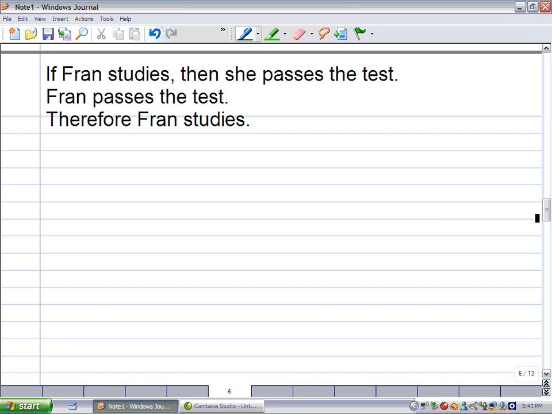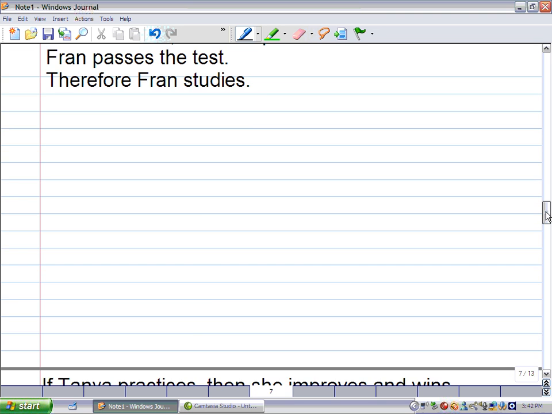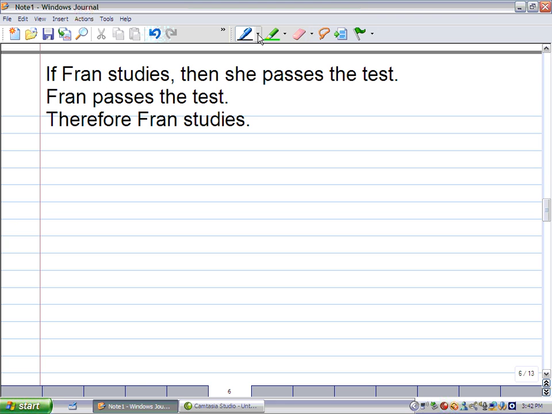If Fran studies, then she passes the test. Fran passes the test, therefore Fran studies. Again, we have 2 premises, premise 1 and premise 2, and our conclusion. So we'll say studying implies passing.